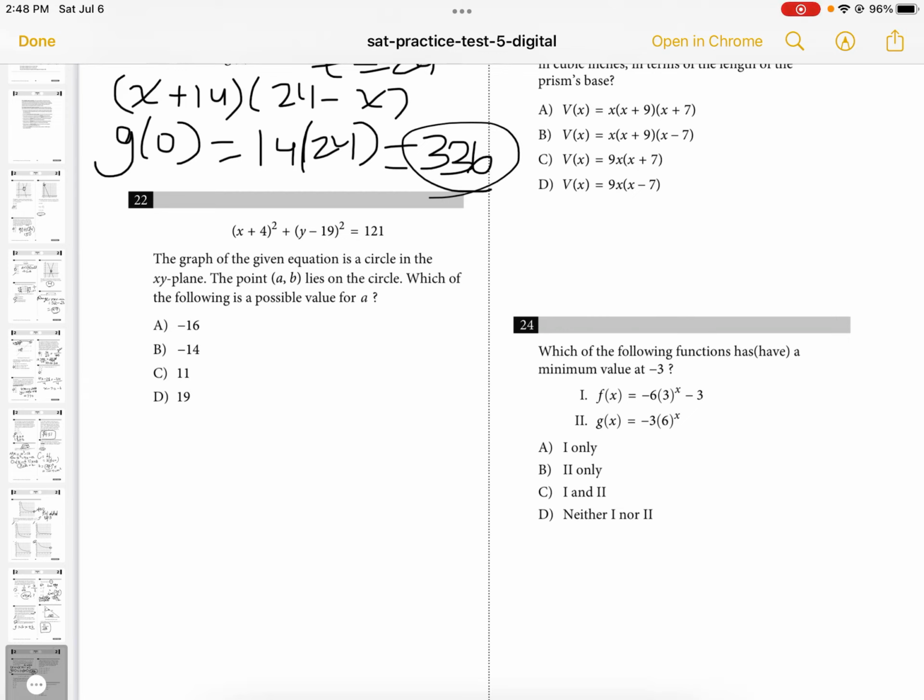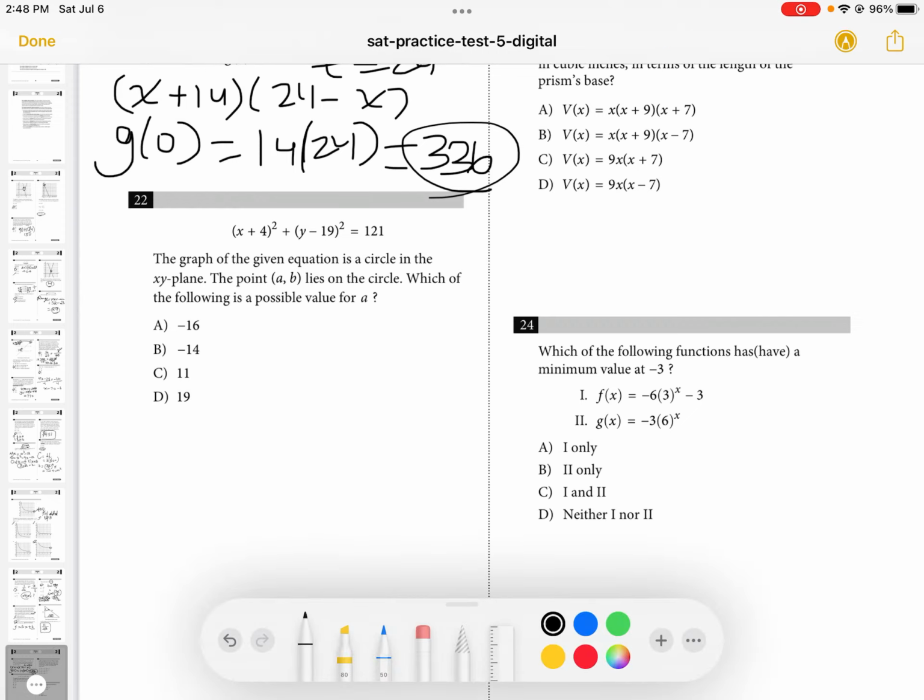Alright, number 22. The graph of the given equation is a circle in the xy plane, and the point a, b lies on the circle. Which of the following is a possible value for a? Okay. Let's define the circle.